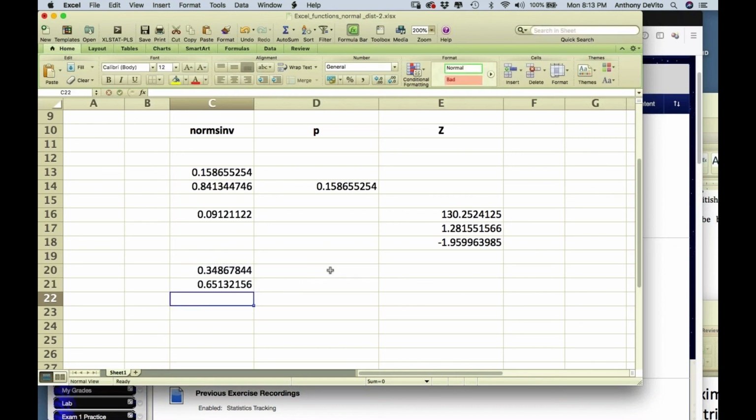Okay, another tricky one. What's the probability of getting more than one person that's diabetic? If I sample 10 people from this population, more than one is going to be 2, 3, 4, 5, 6, right? So we can only go down.